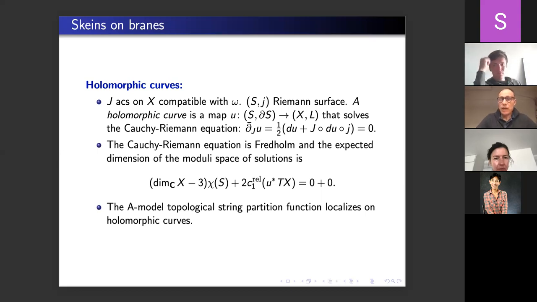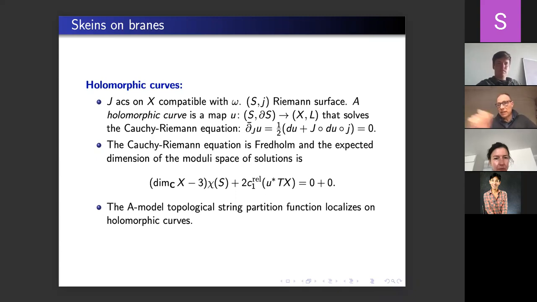The way you're all familiar with this arising in string theory is that if you do a model topological string, then the partition function localizes on holomorphic curves. You have a big path integral over the space of all maps, with certain fields on them, of Riemann surfaces into your space.